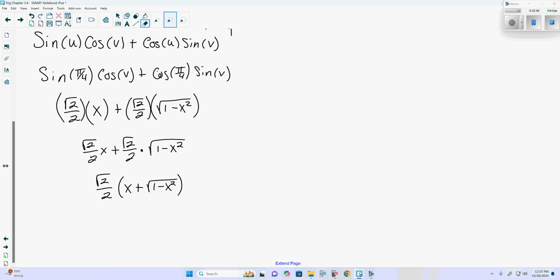So we almost get the exact same answer, except instead of minus between the two terms, we have plus. And the way the textbook has it would be square root of 2x. I don't like putting x after. Plus the square root of 2 minus 2x squared all over 2.